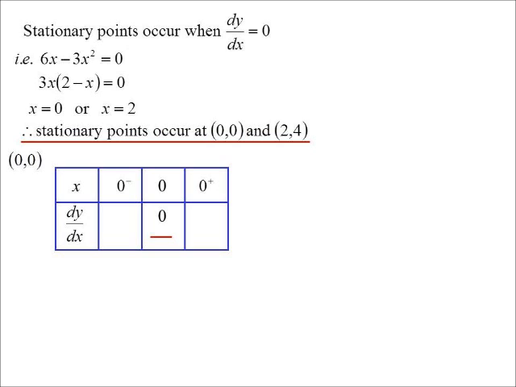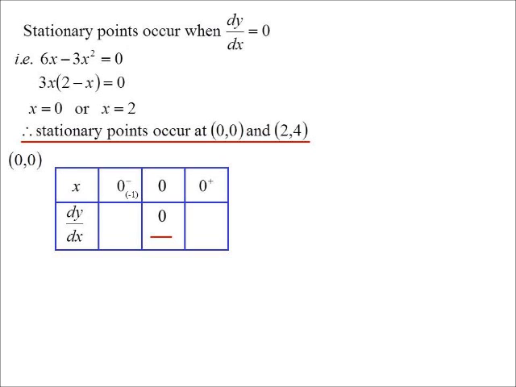The only rule when you're choosing these points is do not go past either another stationary point or any points of discontinuity. On the left-hand side, I'm right because there's nothing there, so I could pick any point. And on the positive side, I won't go past 2.